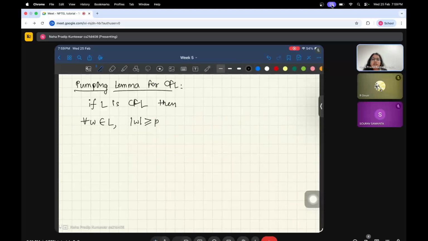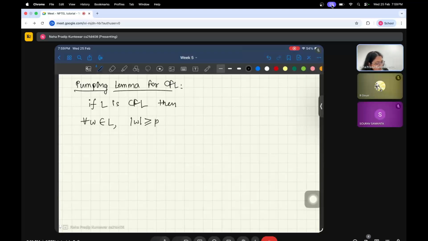Also, similar to the pumping lemma for regular languages, it only makes sense to apply it when the language is infinite. If the language is finite, then you can always come up with a DFA for it, and if you can come up with a DFA, then definitely it's a CFL.